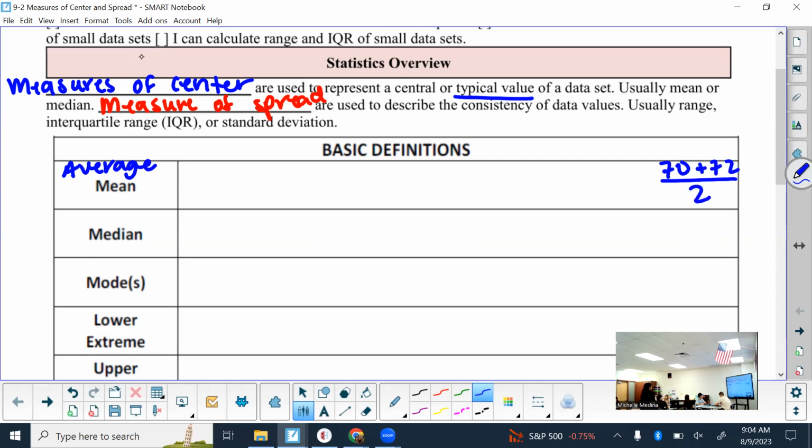To find the average of any data set, no matter how big it is, it's going to be the sum of the values, so add them together, divided by your number of values.